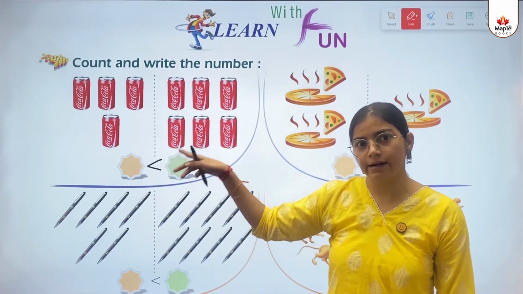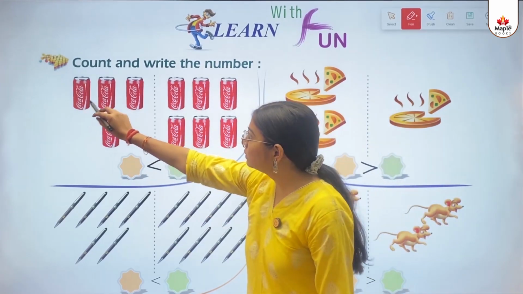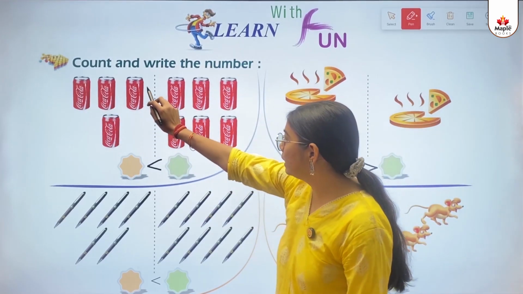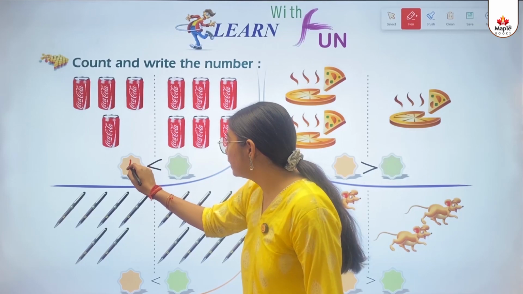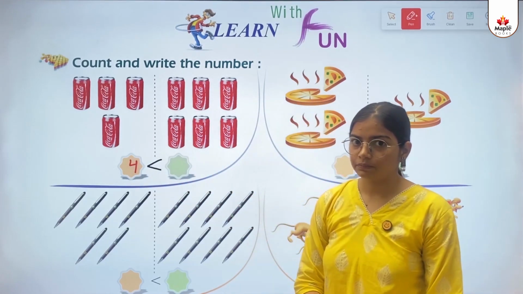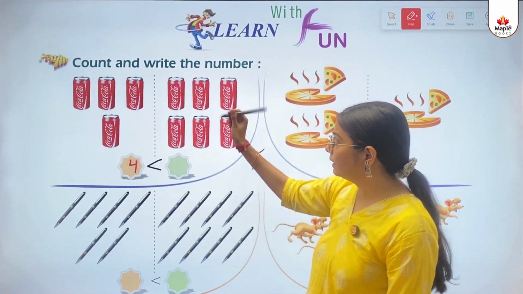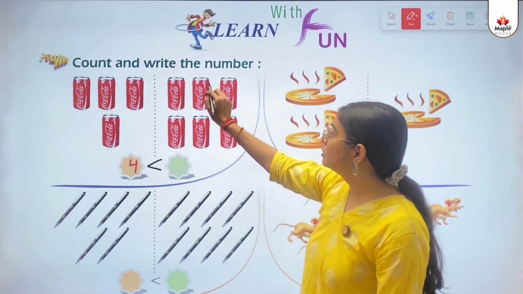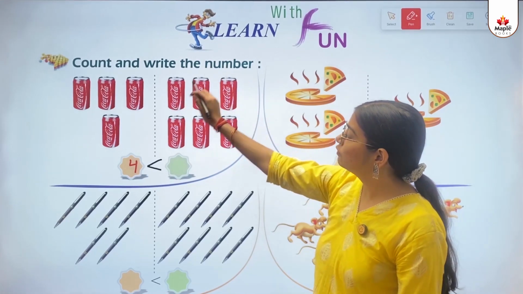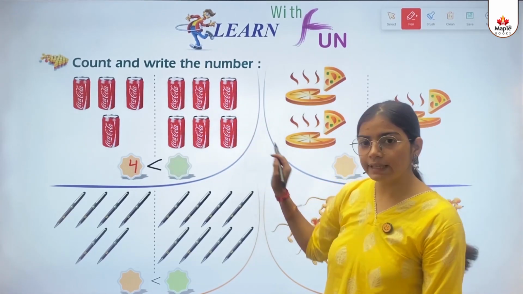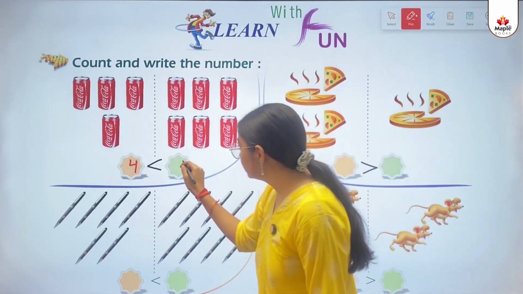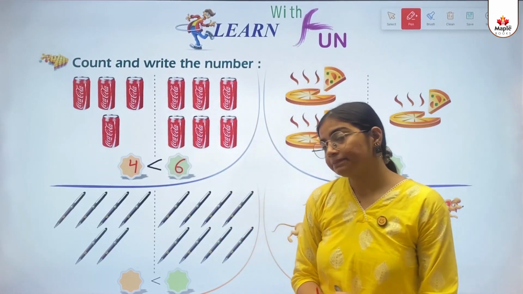So, we will count and write the numbers. 1, 2, 3, 4. So, we will write here 4. Then, in the other side, there are 1, 2, 3, 4, 5, 6. 6 cans are given. So, we will write 6.